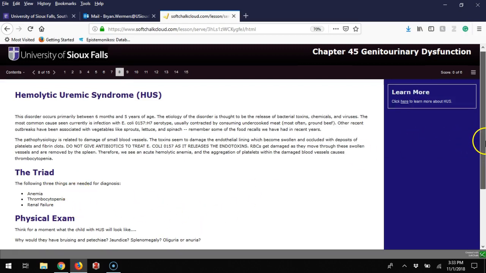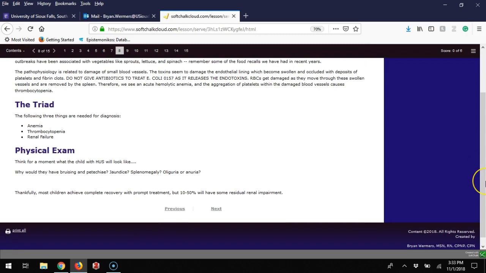So on your physical assessment, really think about what your patient's going to look like. Oftentimes they're going to have some bruising and petechiae because of the thrombocytopenia. They're going to be jaundiced because of the cell destruction. Their spleen is going to be big because it's processing all those cells. And what do you think on their urine output? Oftentimes they have a lack of urine output.